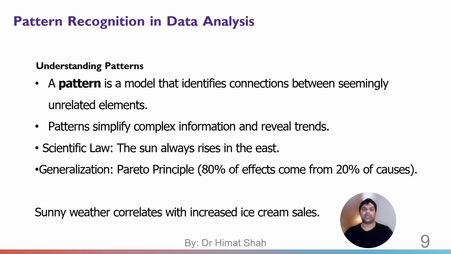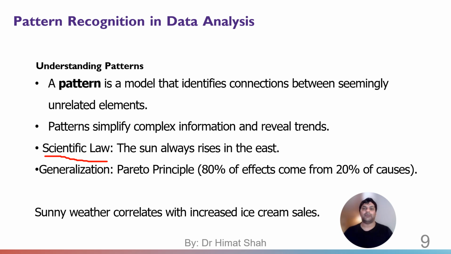There are three examples given below. We have a general scientific law that everybody can understand. It is predictable that the sun always rises in the east. And we have a generalization from the Pareto principle, which says that 80% of outcomes come from 20% of causes. We can see in business that 80% of sales come from 20% of loyal customers.